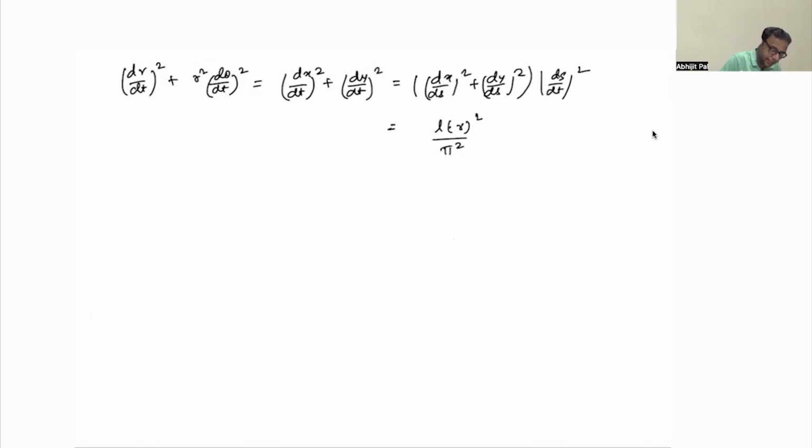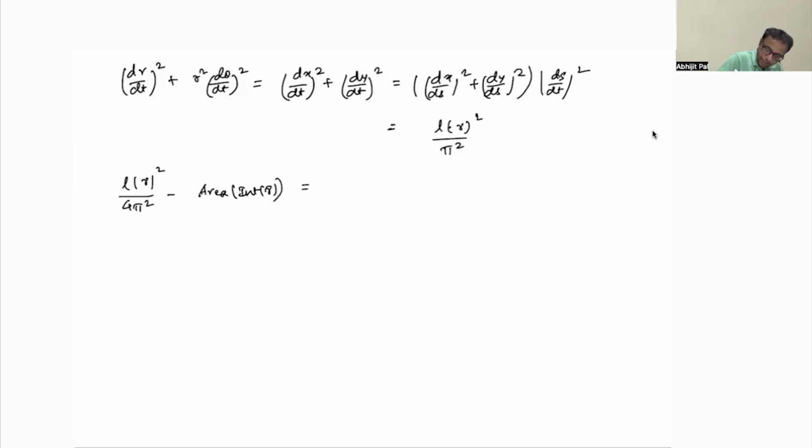So now let us take this thing: the length of gamma square divided by 4 pi square minus the area of the interior of this gamma. This will be showing it is greater than or equal to 0.